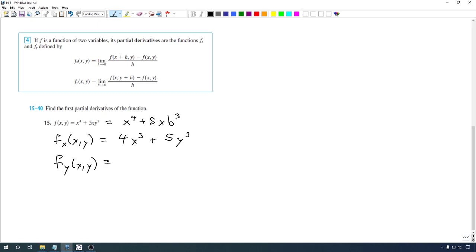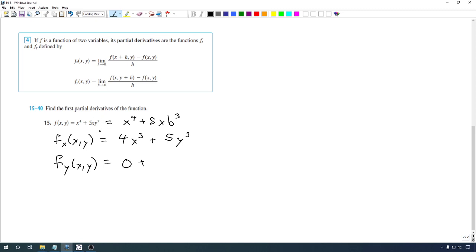Our partial derivative with respect to y, we do in exactly the same kind of way. We can split it up over the sum. Derivative of x to the fourth. Well, keep in mind here, x to the fourth is a constant. What is the derivative of a constant? It's 0. So I'll go ahead and put the 0 there for now, but you could even leave that out. Derivative of 5xy cubed. 5x is now just a constant, so it just sticks around.